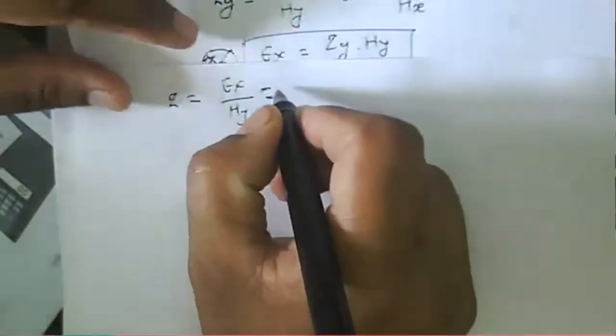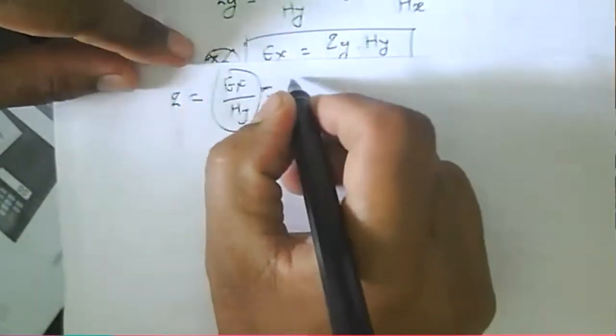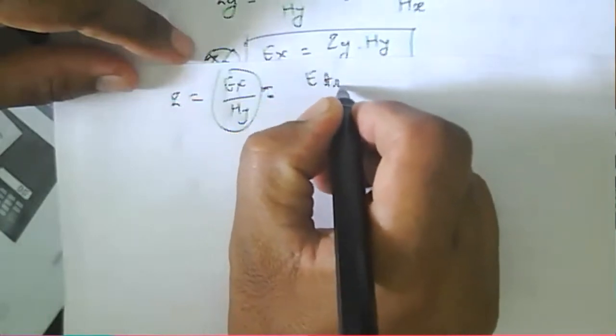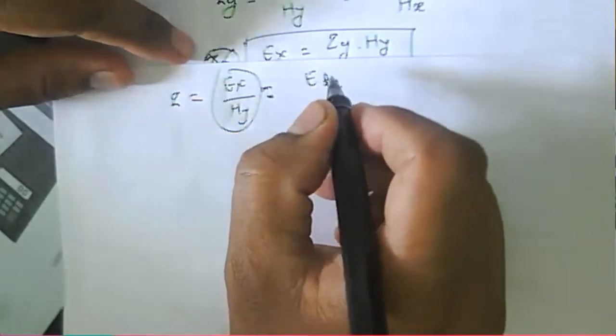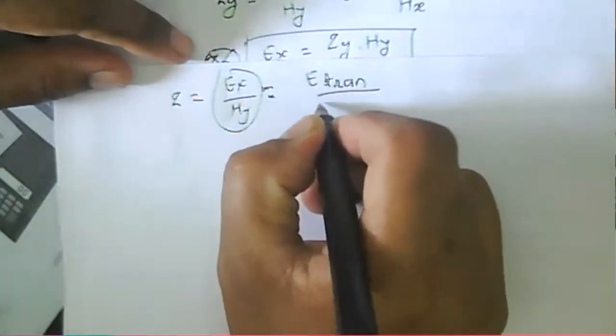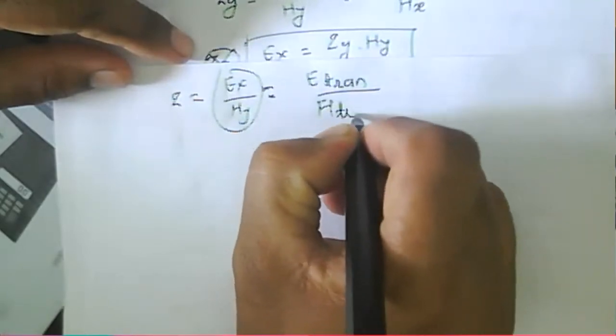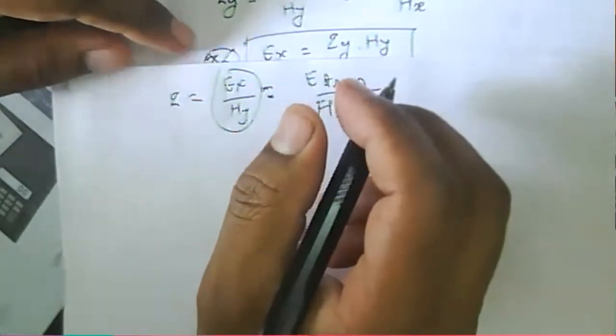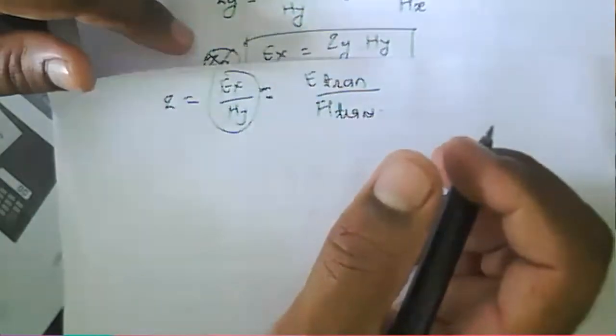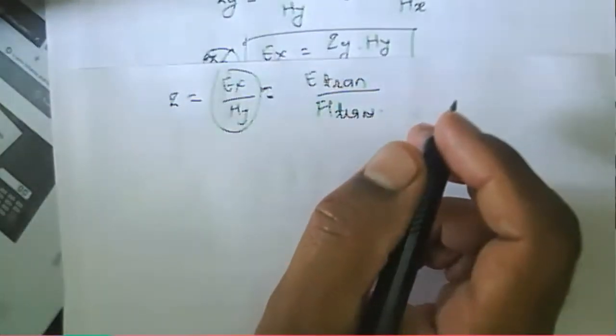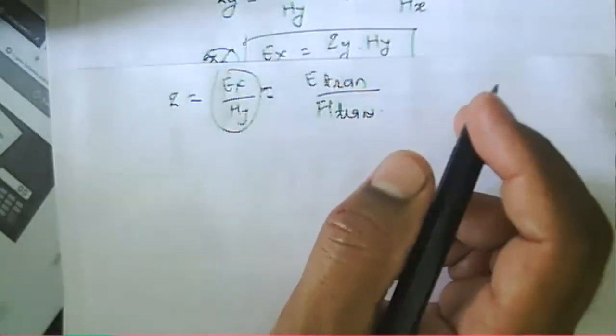But instead of writing it this way, we can write E transmitted divided by H transmitted, so that is about the component which is propagating, the transmitted component, through the electric field and magnetic field components.